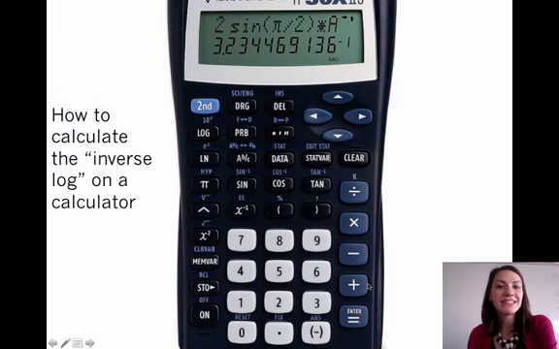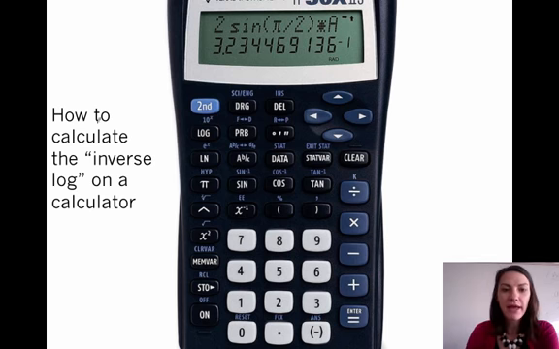So the next thing is sometimes we're given the pH. So if I have a pH of, say, 5, can I figure out how many H plus ions I have? Absolutely. So here's what I'm going to do. I'm going to pay attention not just to this log button, but do you see this little 10 to the x? That's the inverse log. Okay, so you're looking for a 10 to the x. That's the inverse log. So what you're going to do in order to be able to access this is you're going to click the second button, and then you're going to hit the log.